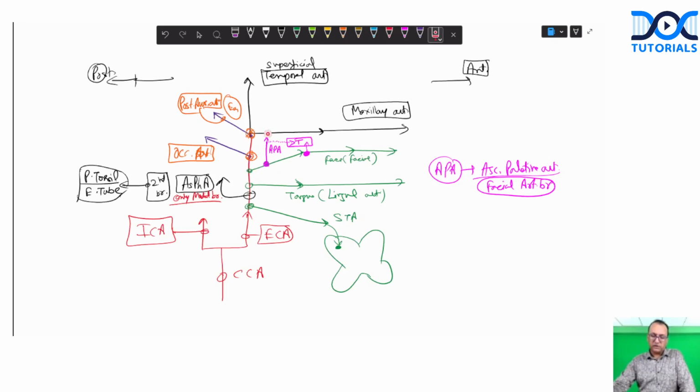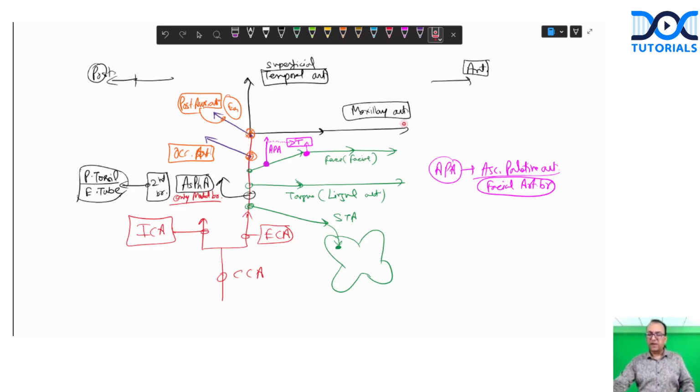Indirectly, what it did was give the ascending palatine artery to supply the palate, which is the roof of the oral cavity. So to reach the roof of the oral cavity, it was giving the ascending palatine artery, which is a branch of the facial artery. That ascending palatine artery supplies the palatine tonsil because the tonsil is in the palate. So who else is supplying the tonsil?